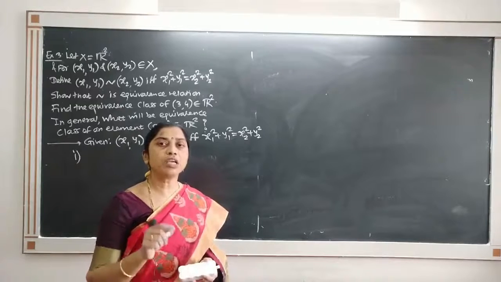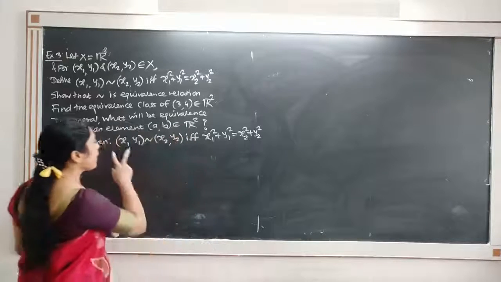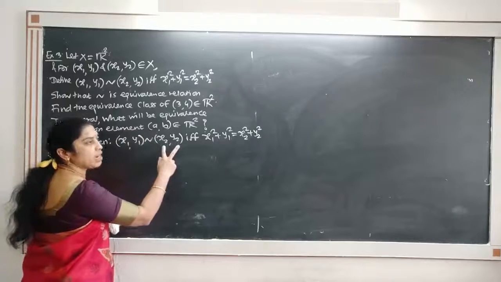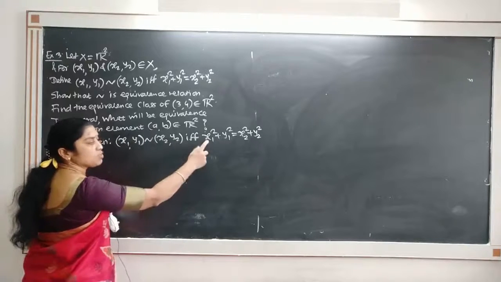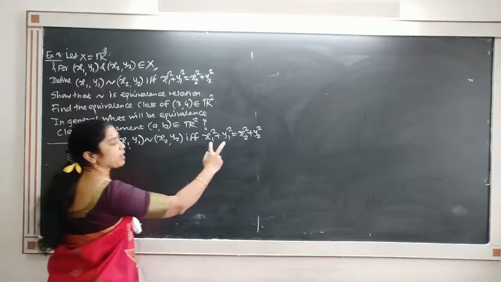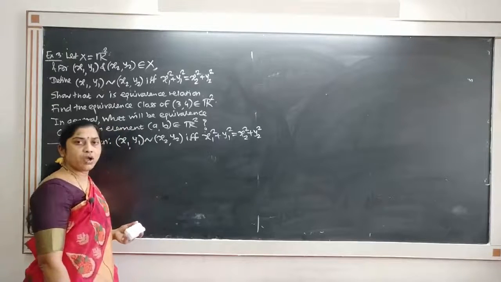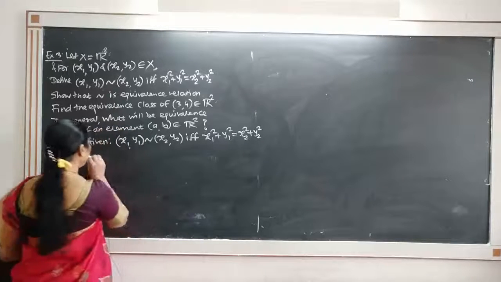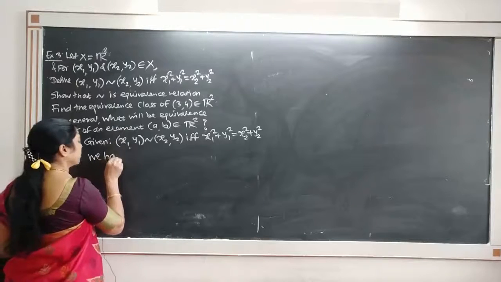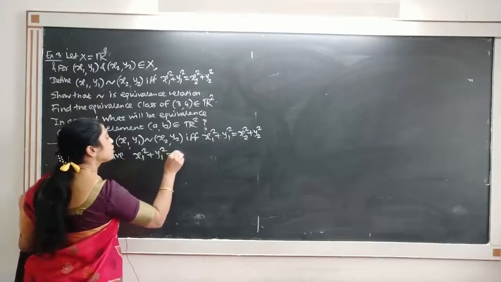Reflexive means the element should be related to itself. That is, we want (x1, y1) to be related with (x1, y1). Use the definition: (x1, y1) is related with (x1, y1) if x1 square plus y1 square is equal to x1 square plus y1 square, which is obviously true. So x1 square plus y1 square is always equal to itself.